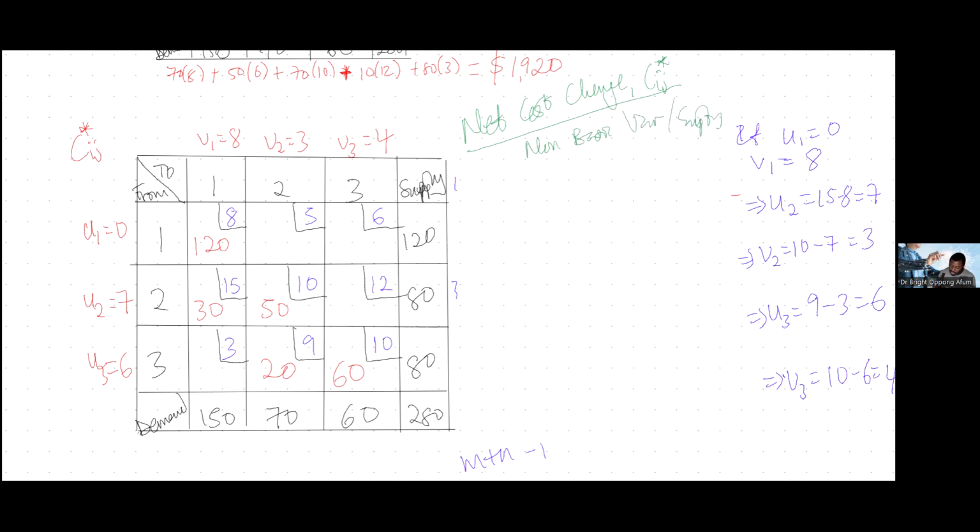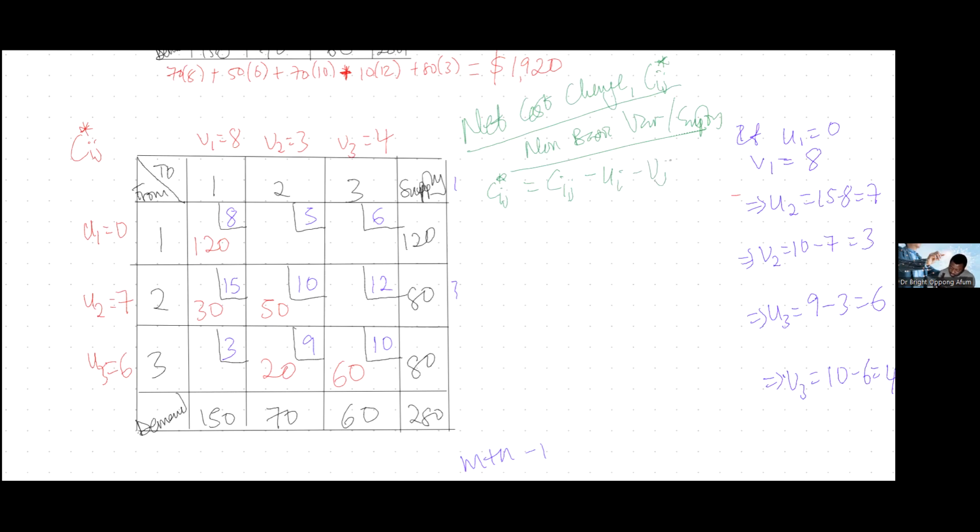So what are the empty cells here? The first one is C12. Just to remind us, we are dealing with Cij prime, which is equal to Cij minus Ui minus Vj.